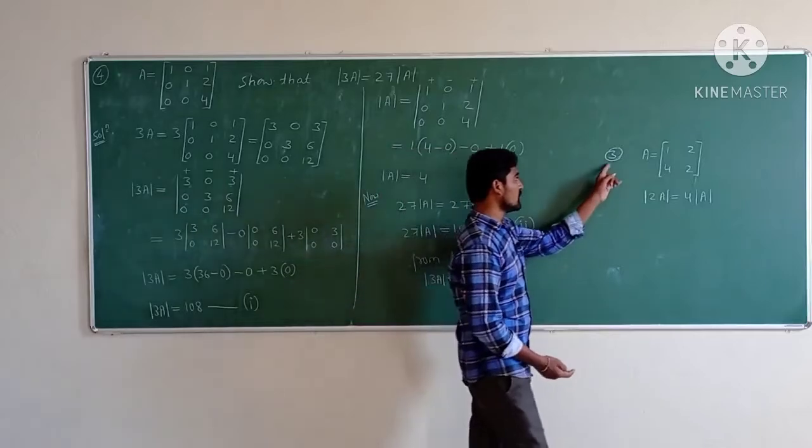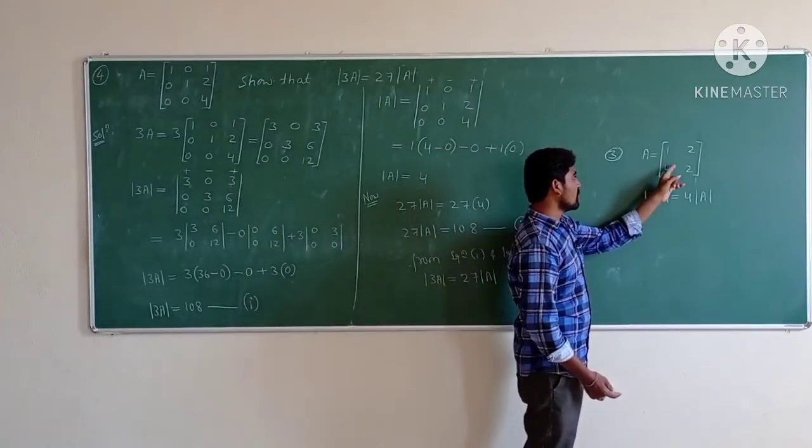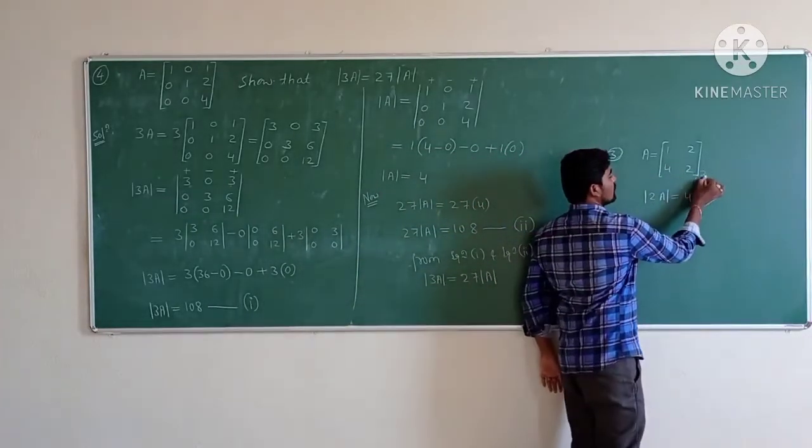In the third question, A is a matrix of order 2 cross 2.